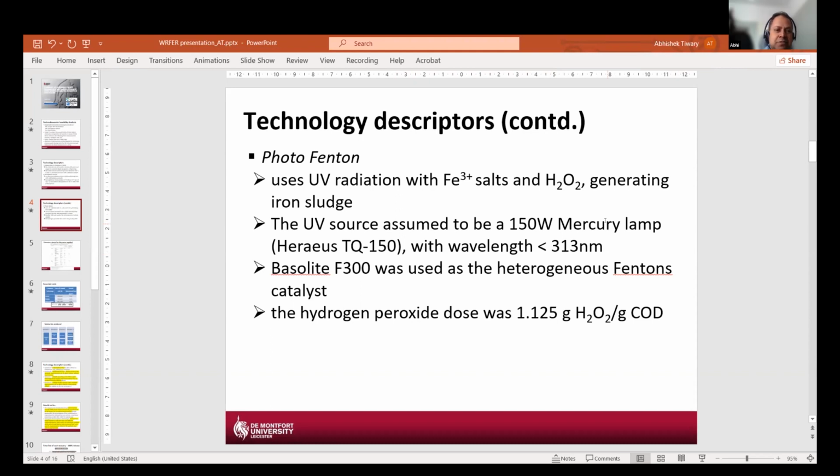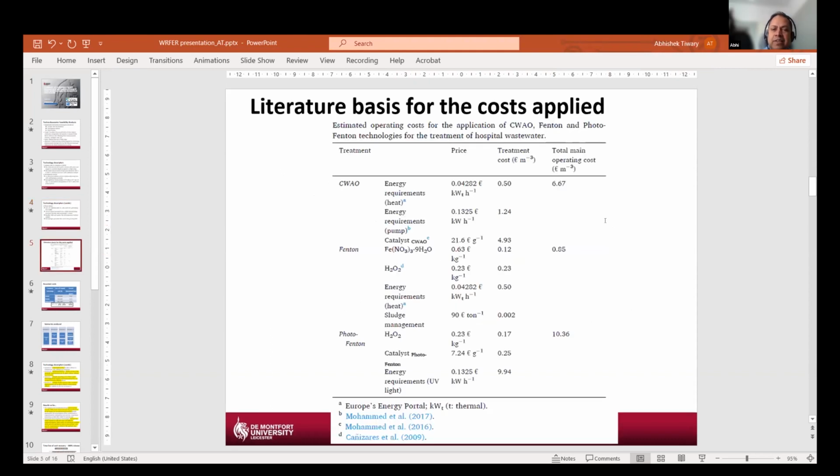So we tested two scenarios. And then we used some of the literature data from existing evidence in terms of energy use, because we were trying to develop a scenario, so we wanted to use some of the data which has already been published for similar olive wastewater treatment.